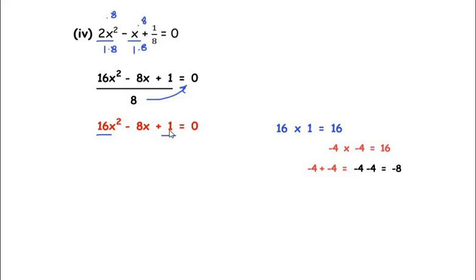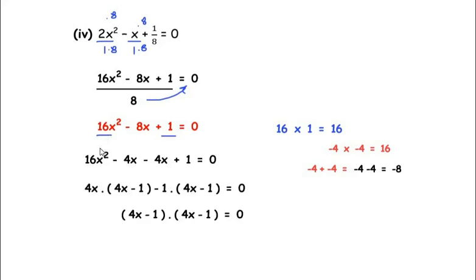So here this equation changes as 16x square. Now negative 8x splits up as negative 4x and negative 4x plus 1 equal to 0. Now we are going to group the terms. We are going to group the first two terms and the last two terms. Now from the first group, the 16x square can be written as 4 times x and minus 4x can be written as minus 4 times x.